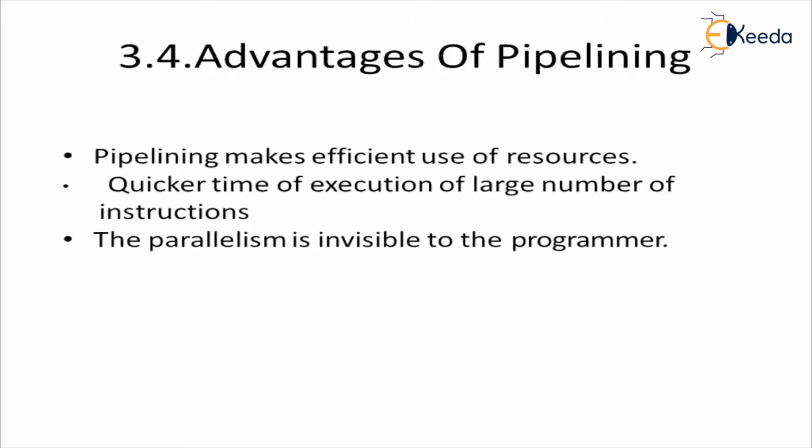Quicker execution time for a large number of instructions, and parallelism is invisible to the programmer, because all the instructions are getting executed parallelly, and the programmers are mainly concerned with the output, which should come in a faster way. So parallelism is not visible to the programmer.